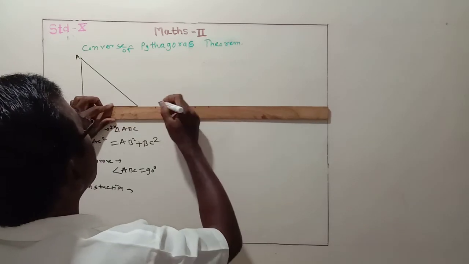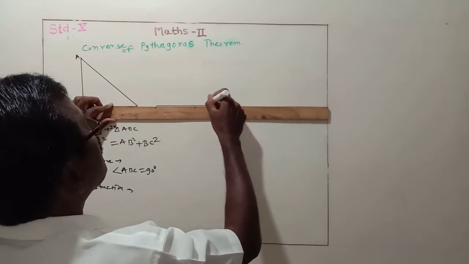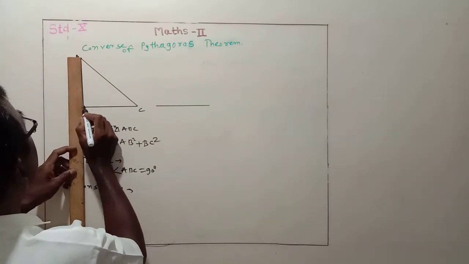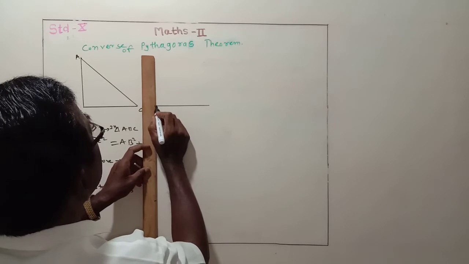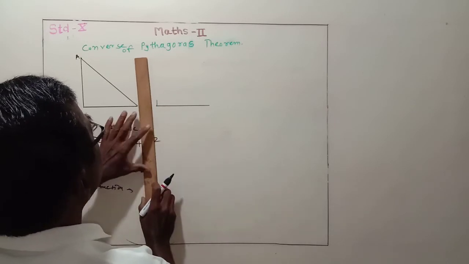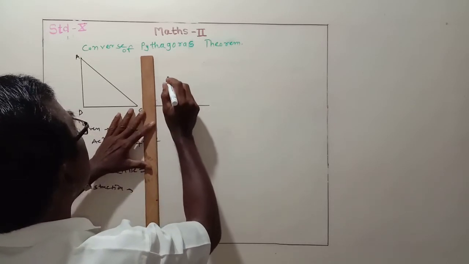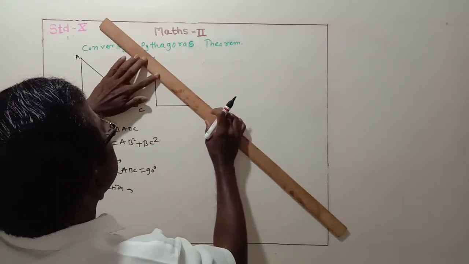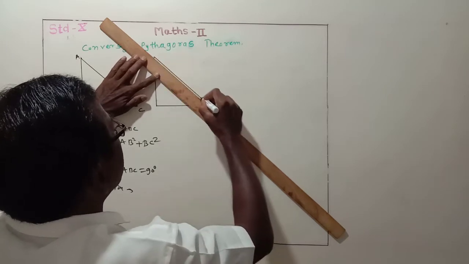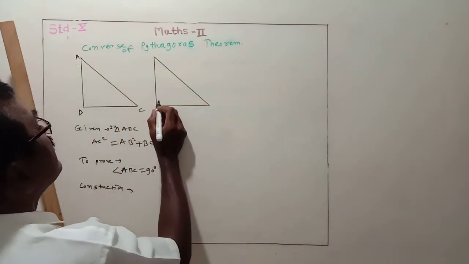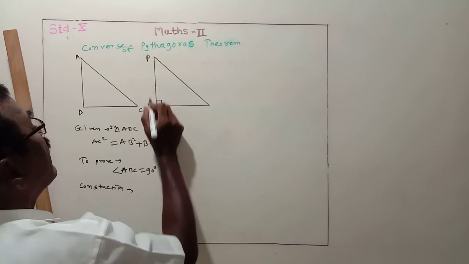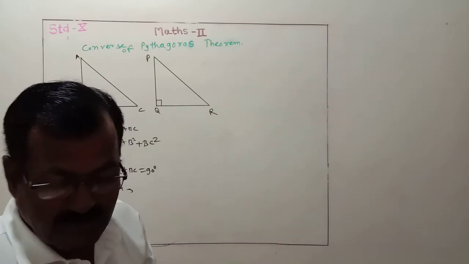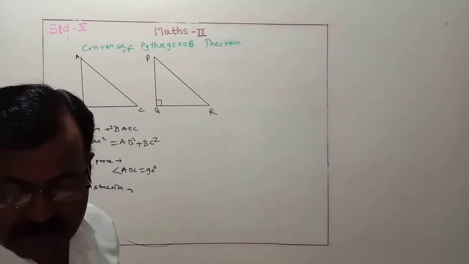In this PQR, we take QR equal to BC, and this is a right angle triangle. In this right angle triangle, angle Q is 90 degrees. Now you write these constructions.